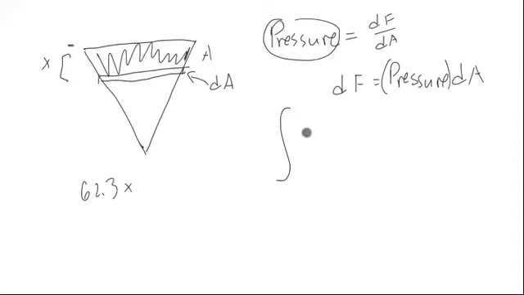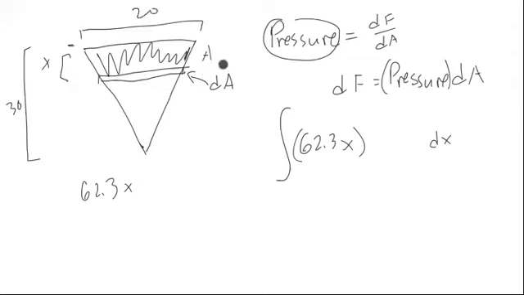So what we have is 62.3x multiplied by the change of A, which can be thought of as a rectangle like this. A little height of that is dx, and the length depends on the specs of the triangle. Let's suppose that we do 30 and 20.